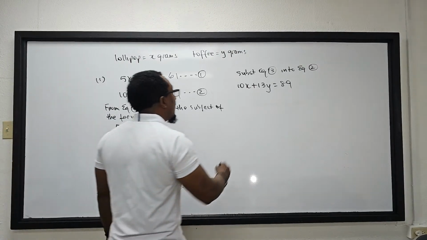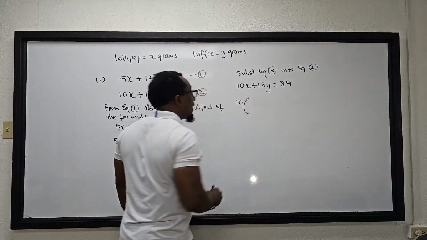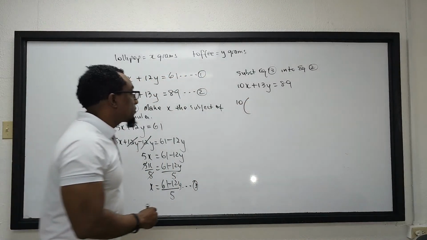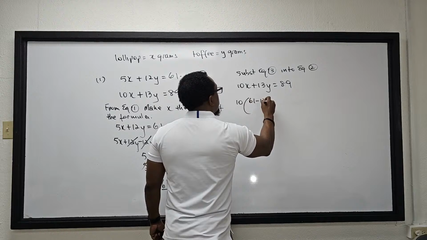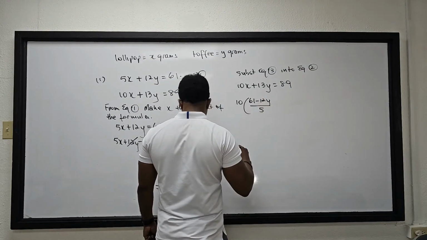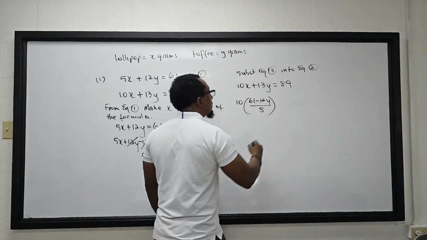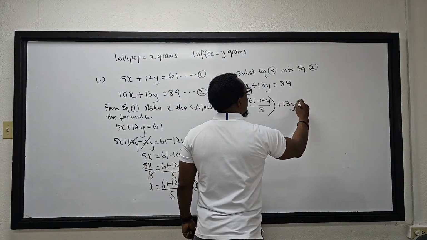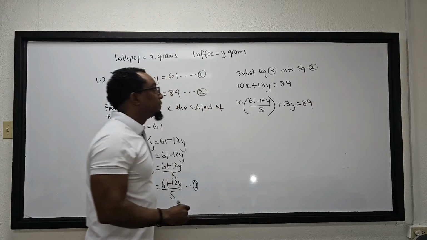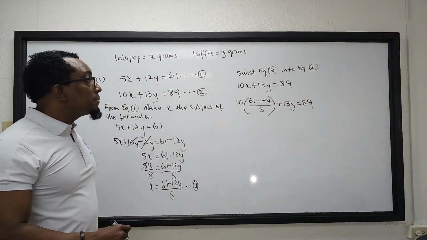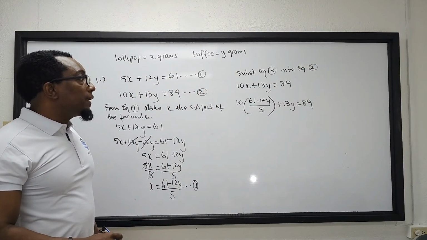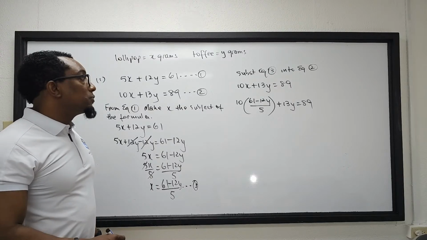So this will be 10, open brackets, I'm replacing x with 61, subtract 12y over 5, plus 13y, is equal to 89. Yeah, so this is me substituting equation 3 into equation 2.